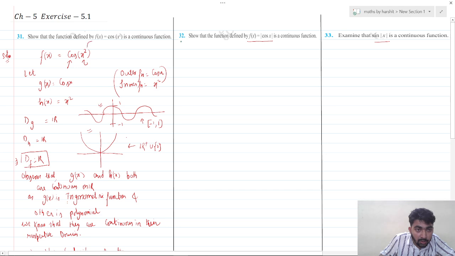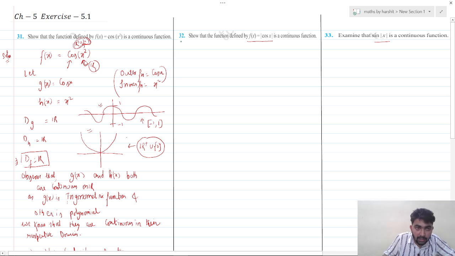See, the range of x square is positive real numbers, and we observe that for every positive number the cos x is defined. Okay, that's why our domain of f is complete R, because for each input from the complete set R, we are getting output in R positive union 0, and at that output the function cos x is also defined.